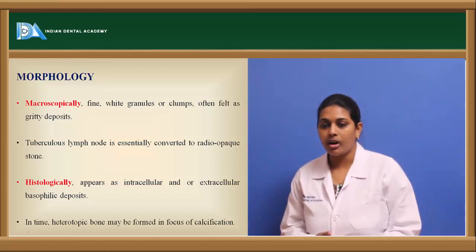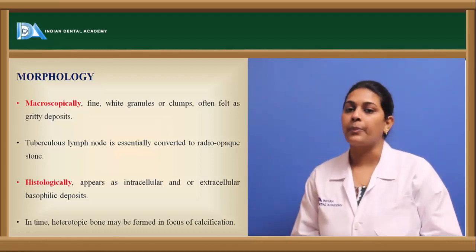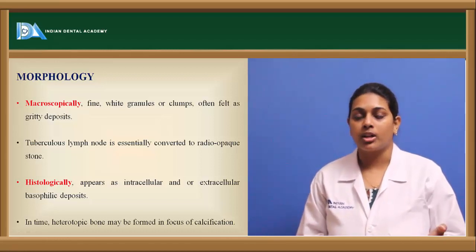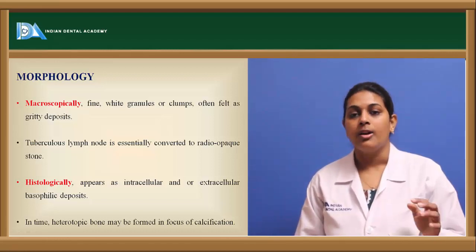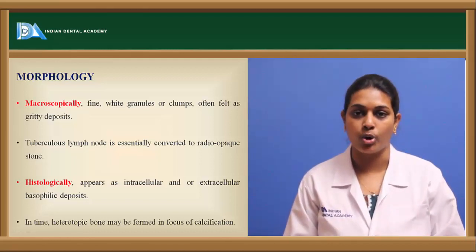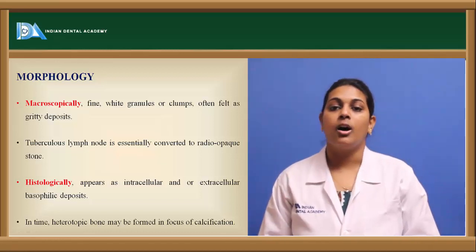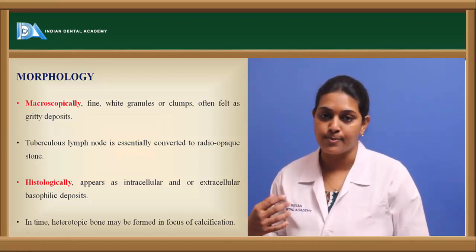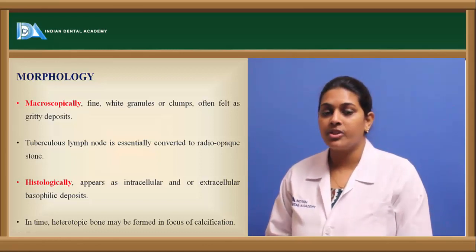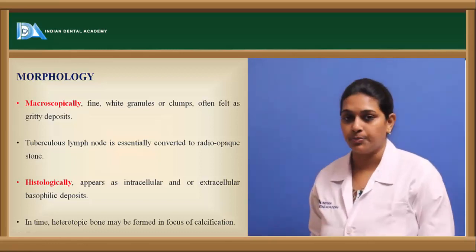In a radiograph, a tuberculous lymph node usually appears radiolucent, that is, blackish or nearly black. But a calcified tuberculous lymph node appears radio-opaque, white in color, because it does not allow the radiation to pass through. It blocks the radiation and so appears radio-opaque.